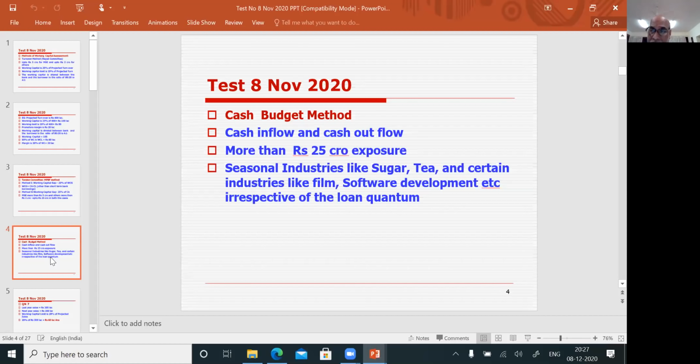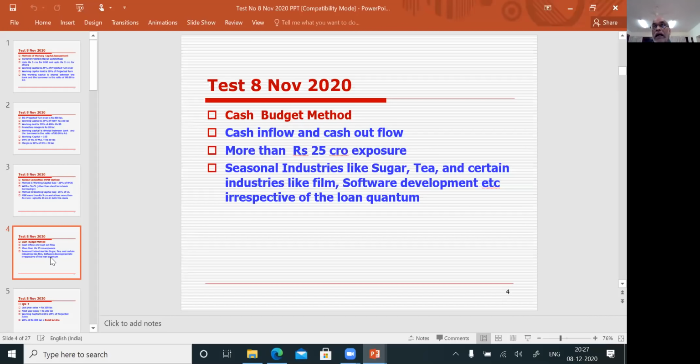There are certain industries of seasonal nature, like tea and sugar cane, and certain industries like software development and the film industry. In these industries, irrespective of the loan quantum, we use only the cash budget method. Again I repeat, we will use the cash budget method when the loan requirement is 25 crores or above.